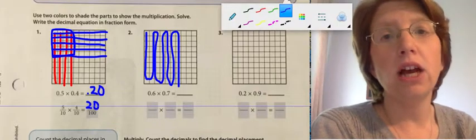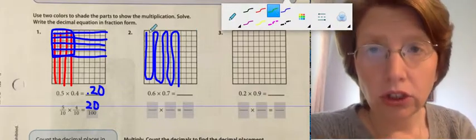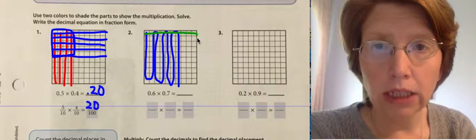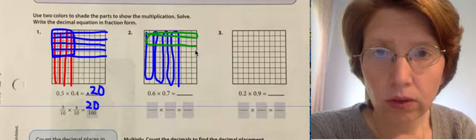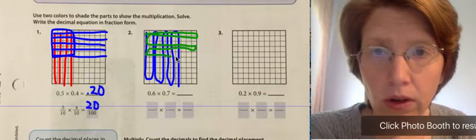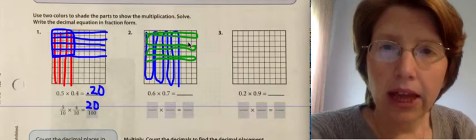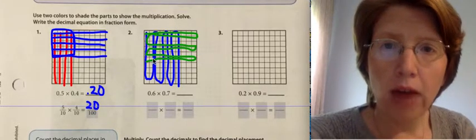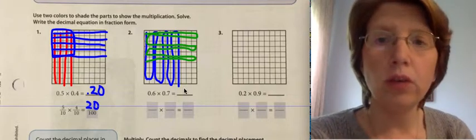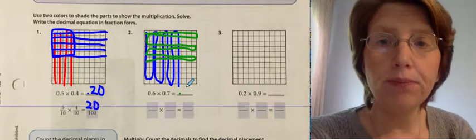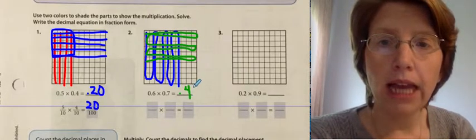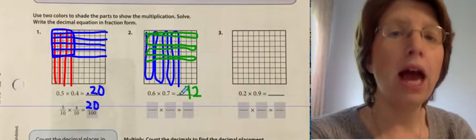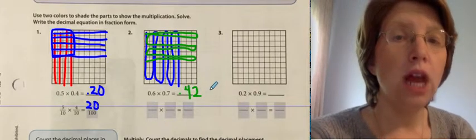Now I'm going to change my color, and I'm going to do 6 rows this way. 1, 2, 3, 4, and then you look at what overlapped, and that should be 42, right? Because we're going to multiply the 6 times the 7 and put it behind a decimal, 42 hundredths.